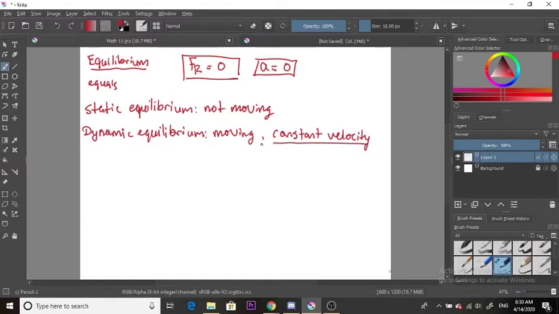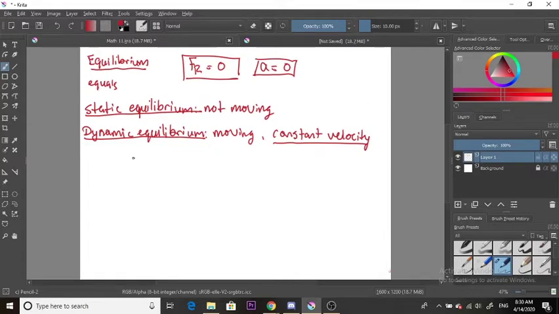When you have constant velocity, that means that you do not have any acceleration, and because forces are based on the fact of acceleration and mass, if there's no acceleration, you have no external resultant force. So this one, dynamic equilibrium, is a little bit harder to understand, but you have to remember that there are two types, one that is not moving and one that is moving at a constant velocity.